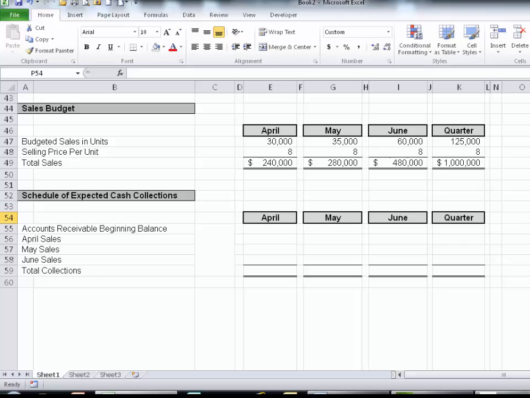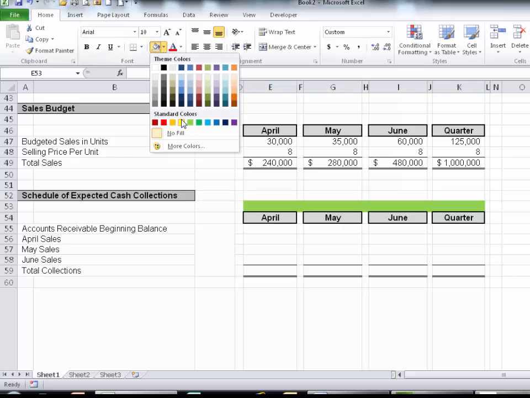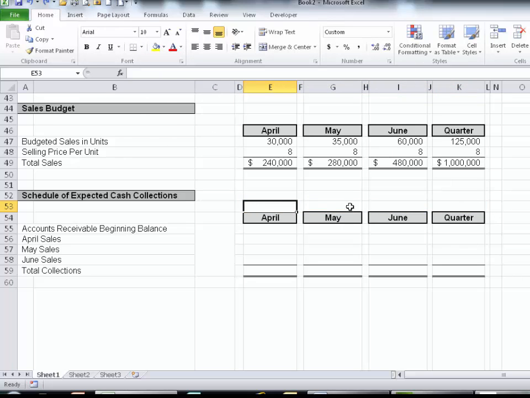Now notice the setup is fairly similar to the sales budget in that our columns are identical. We have a column for April, May, June, and the quarter. And then the rows over at the side represent the periods that we made the sales. So what we're going to do is to look at this budget kind of like a grid, and we're going to match up the rows with the columns. The columns represent when we expect to collect the cash.